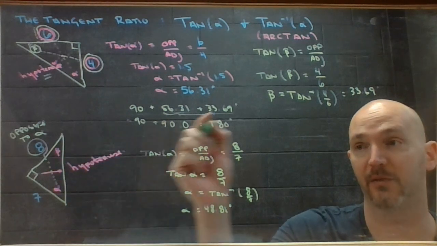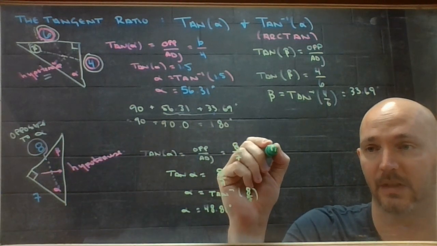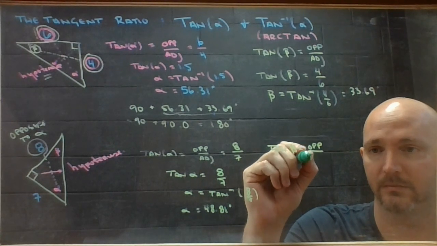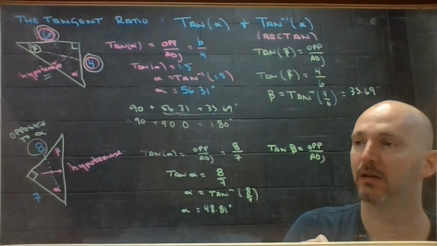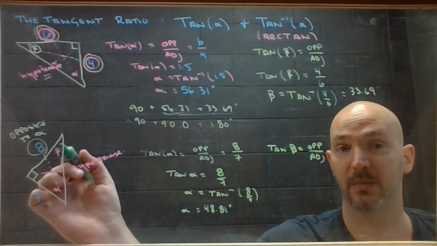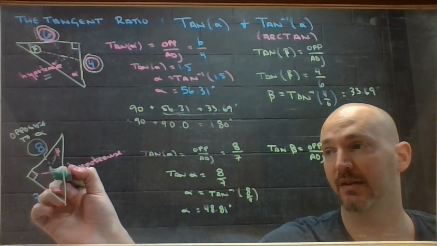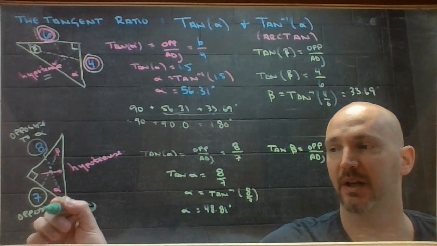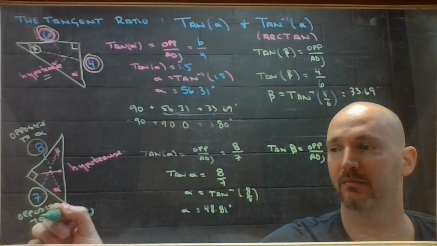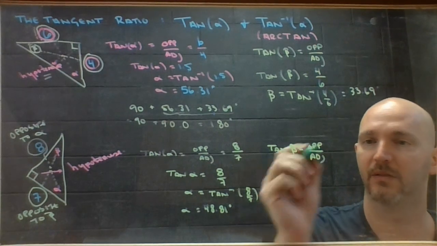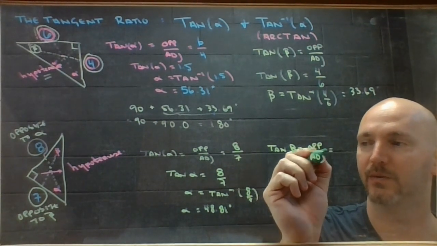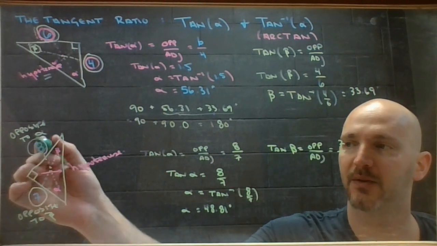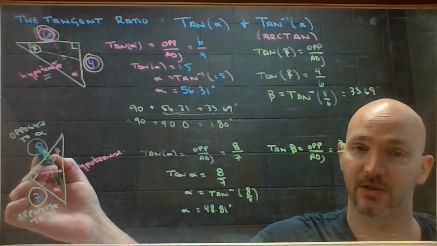And if I'm going to solve for beta, I set up my tan ratio. Go to beta, look across the triangle, find that side. That's going to be opposite to beta. So I have 7 as my opposite, which means the other side that's not the hypotenuse must be the adjacent.